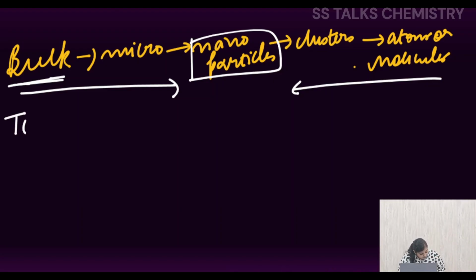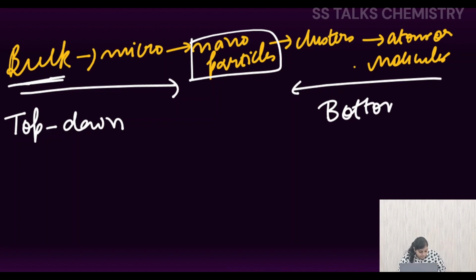That means when you start with the bulk material and go to the nanomaterials, this is called your top-down approach. Whereas if you take atoms and molecules, combine them in small combinations and make your nanoparticles, this is called the bottom-up approach.